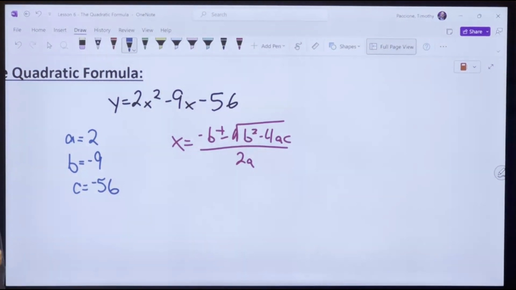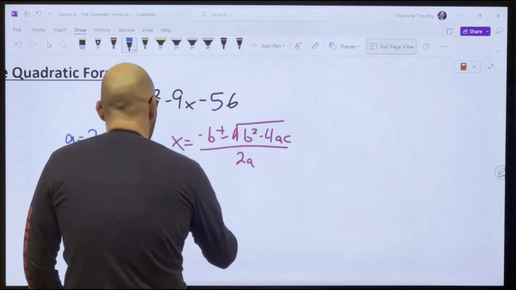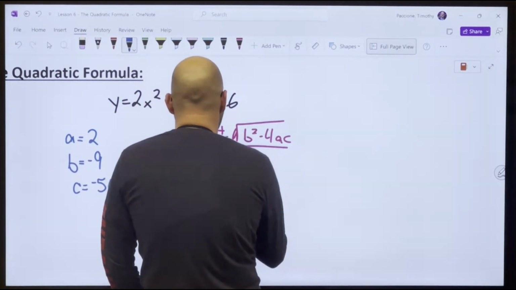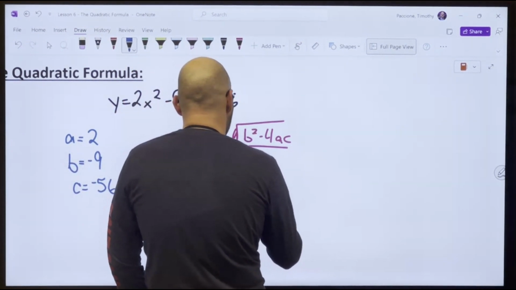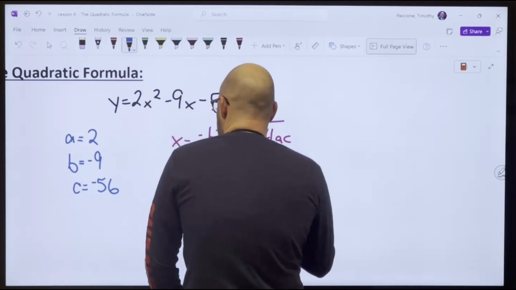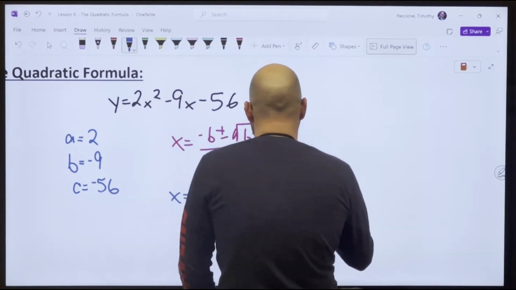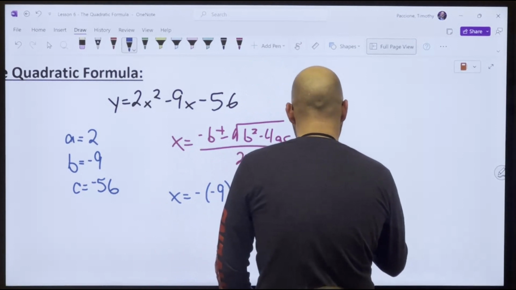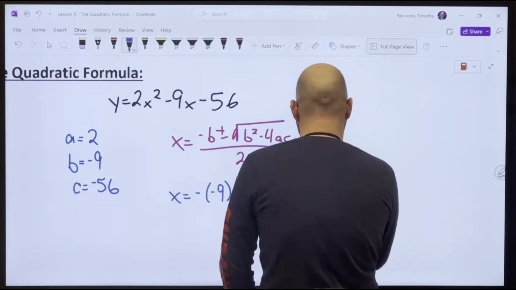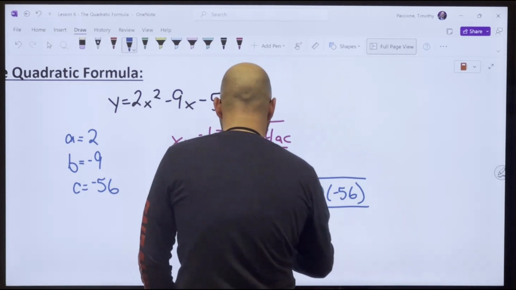Plug in each, right? So x equals negative negative 9 plus or minus the square root of negative 9 squared minus 4 times 2 times negative 56 over 2 times 2.